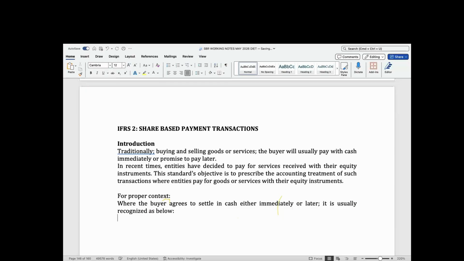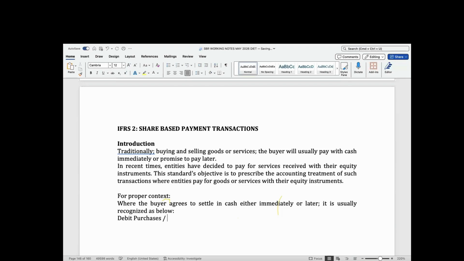You see, traditionally, where the buyer agrees that, okay, I'll settle in cash, either immediately or later, the way we record it is that the buyer will debit what he has bought.